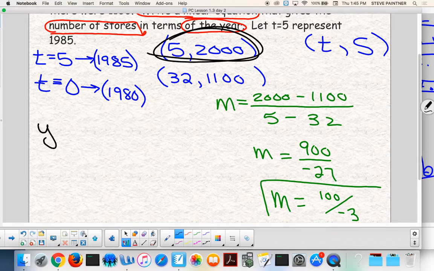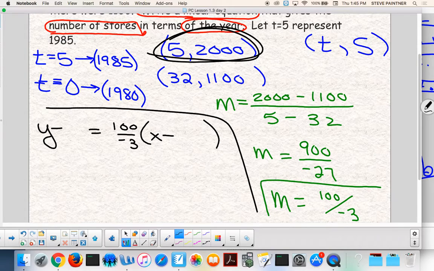I'm using point slope. Y minus. Put my slope in. X minus. Are we going to use T and S? Yeah. Oh, good job. I have been caught 3 periods in a row on that. Good job. Instead of Y, we're using what? S. Okay.